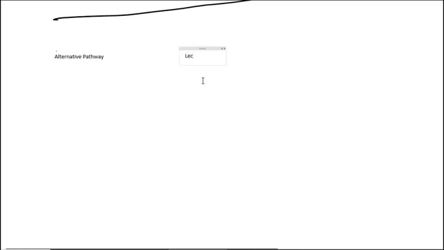And there are three ways the complement system gets activated, three pathways of activation. The first pathway is called the alternative pathway. The second pathway is called the lectin pathway, and the third pathway is the classical pathway. And I'm going to explain how each one of these pathways gets activated.